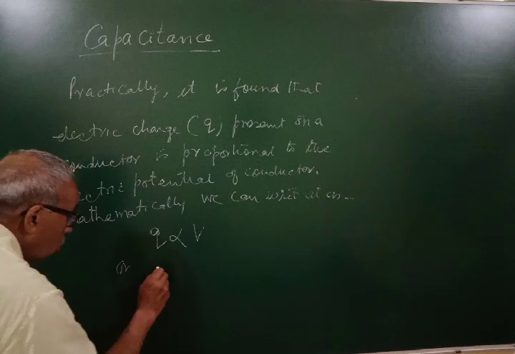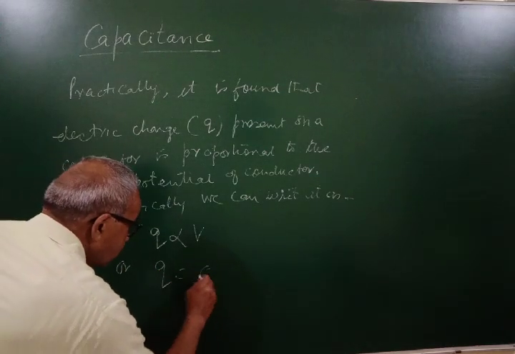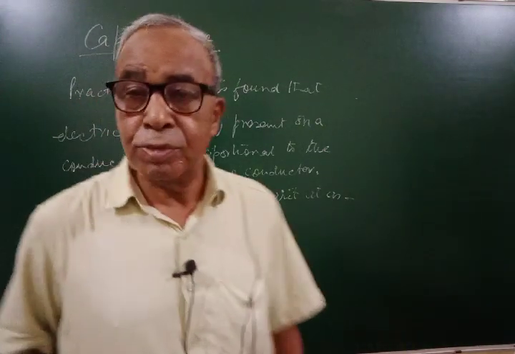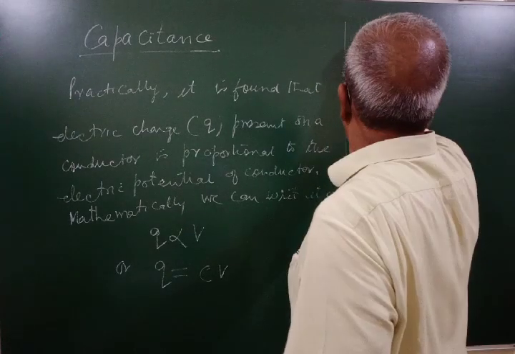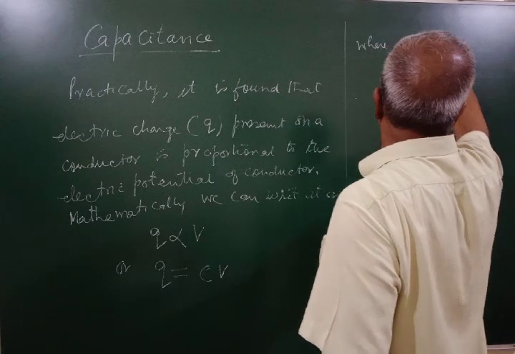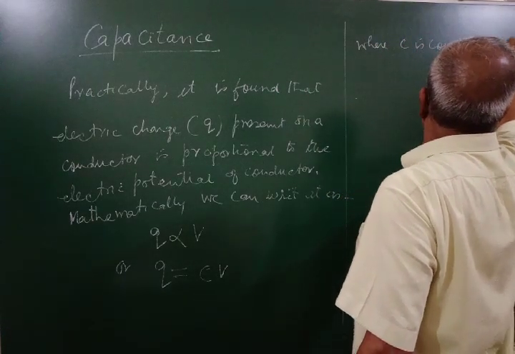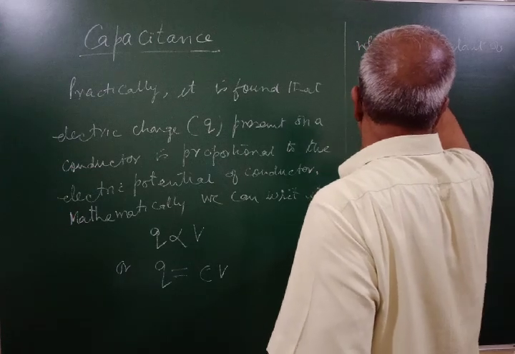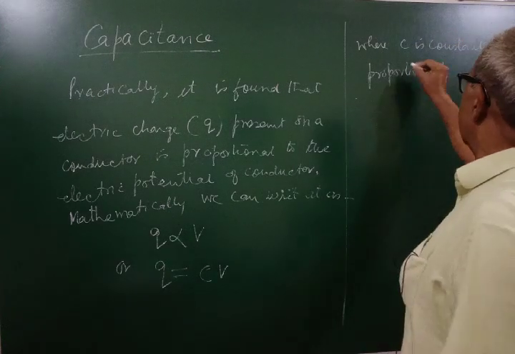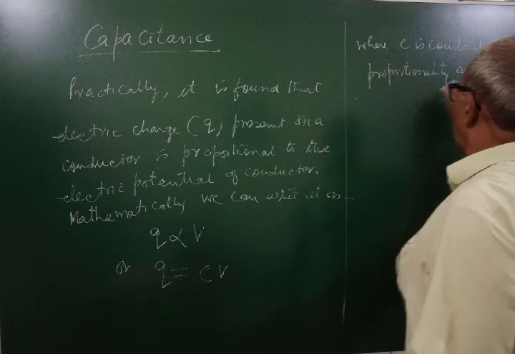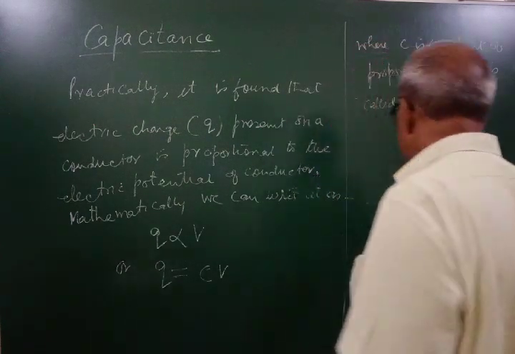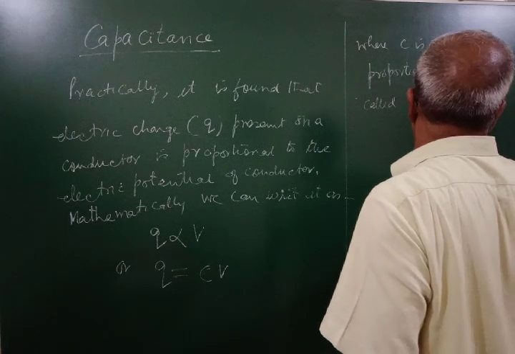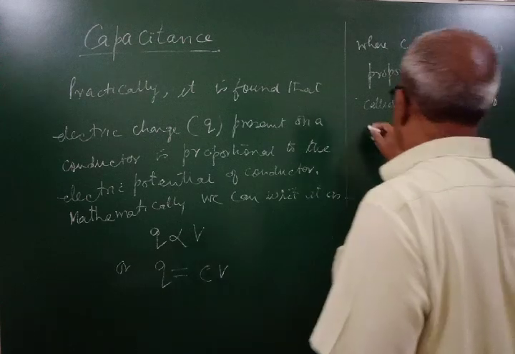Or we write Q is equal to CV, where C is the constant of proportionality, and it is called the capacitance of the conductor.